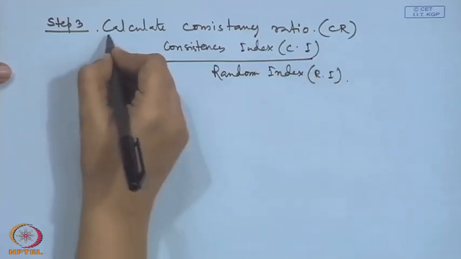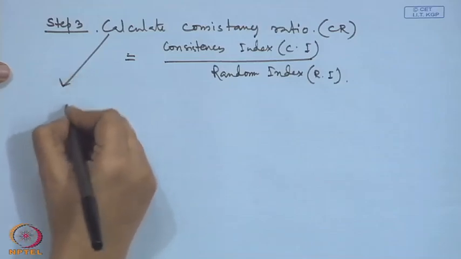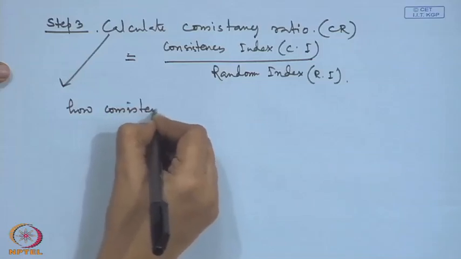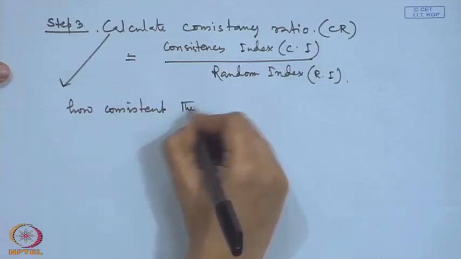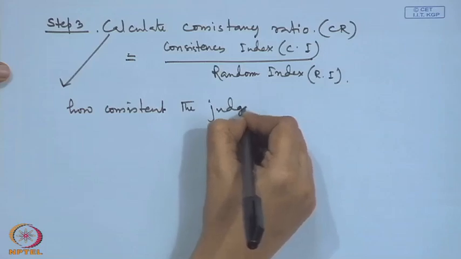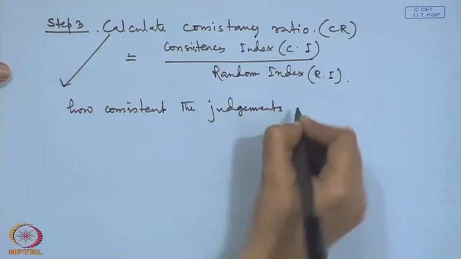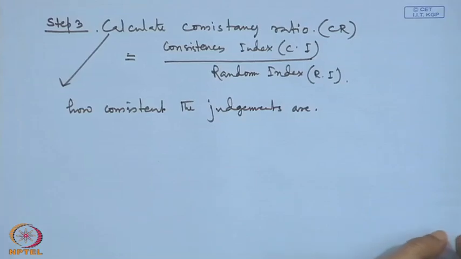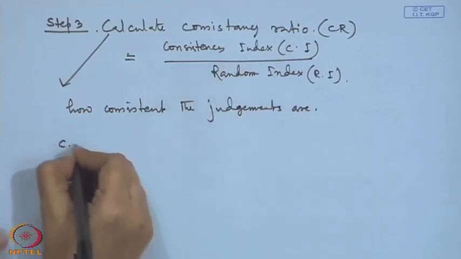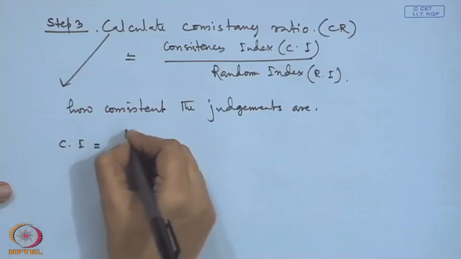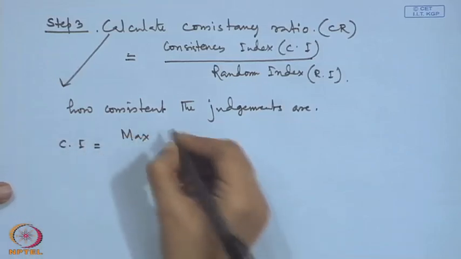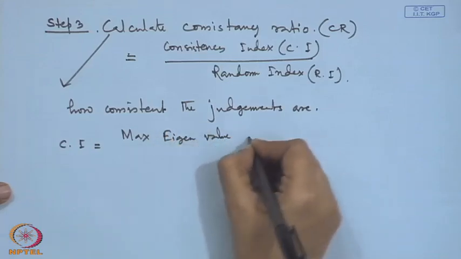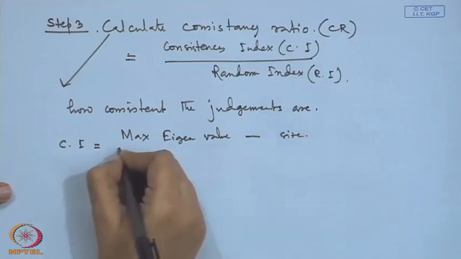And with this formula we are considering, the consistency index CI is being calculated as maximum eigenvalue, largest eigenvalue, minus size of the matrix, that is n.